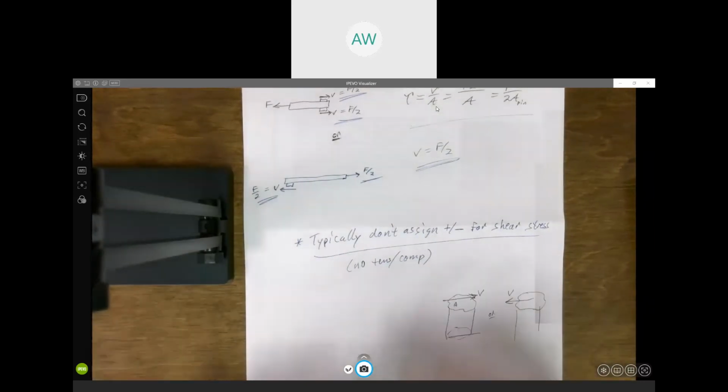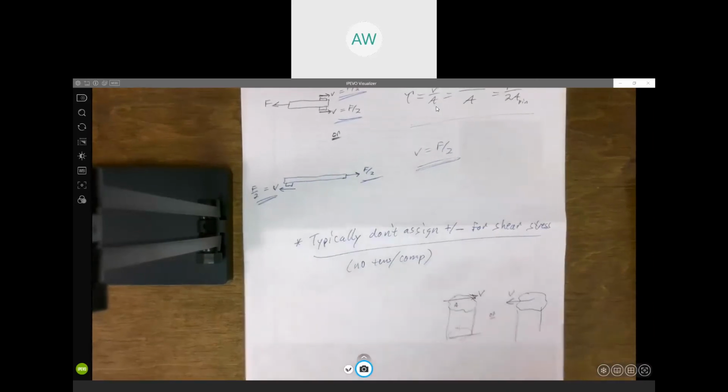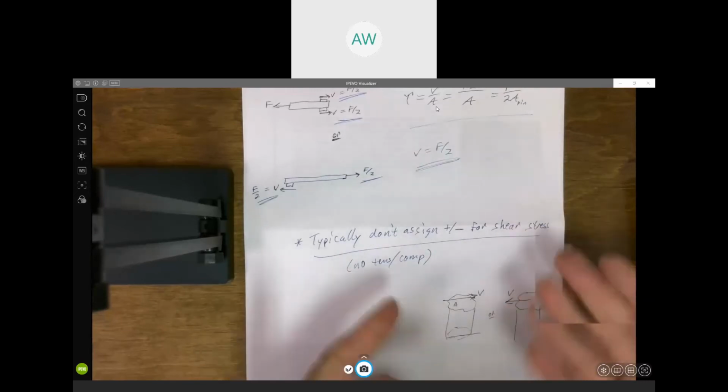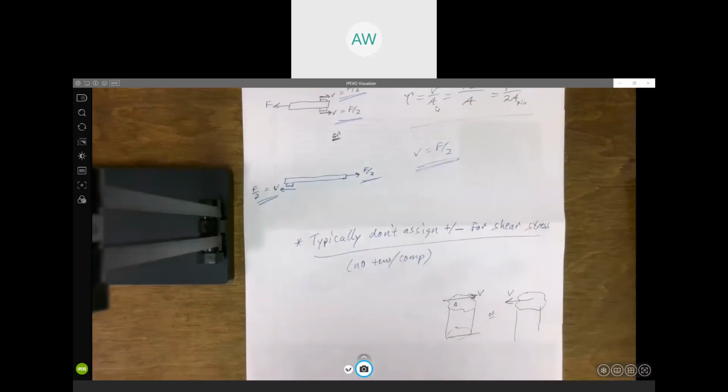The whole motivation for the plus or minus with tension and compression was due to buckling, or the material may have different properties in tension or compression. That bolt could care less. It doesn't have any effect at all as far as whatever the material that bolt's made out of. It's going to fail at the same shear stress no matter which direction it's going. So typically we don't assign plus or minus, and certainly don't refer to tension or compression, because it really doesn't matter as far as the shear stress goes, which direction it's going.